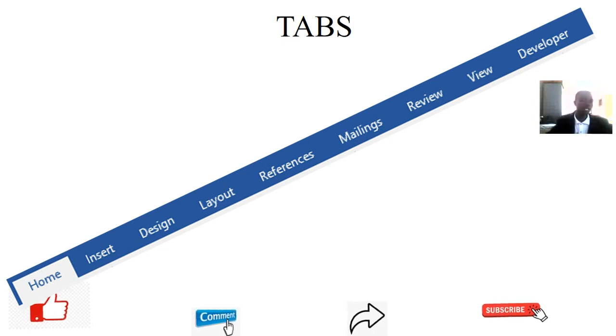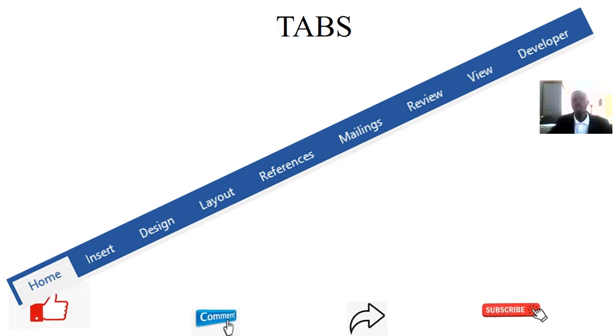We have the Home tab, Insert tab, Design, Layout, References, Mailings, Review, View, and Developer. You may not have the Developer tab, but since I'm an IT person, I develop applications. I may want to put some code within my Word document, so I might need a Developer tab.